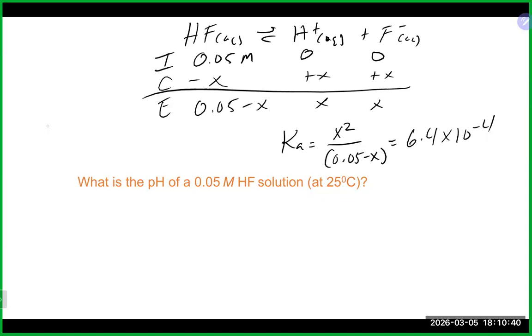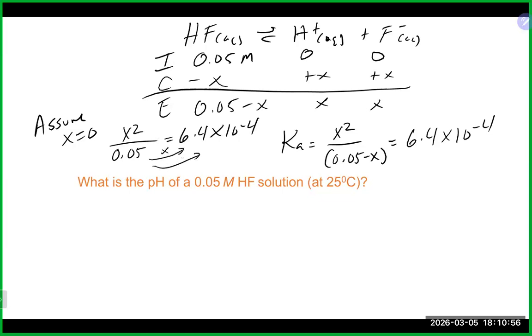Obviously making our assumption and assuming x is equal to 0, we would end up with x squared over 0.05 equals 6.4 times 10 to the minus 4. Once again, multiplying and square rooting, just like we did on the previous one. We will end up in this case, though, with an x value off of our assumption.